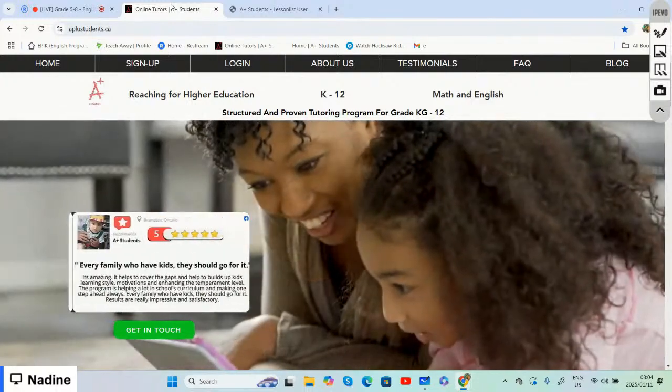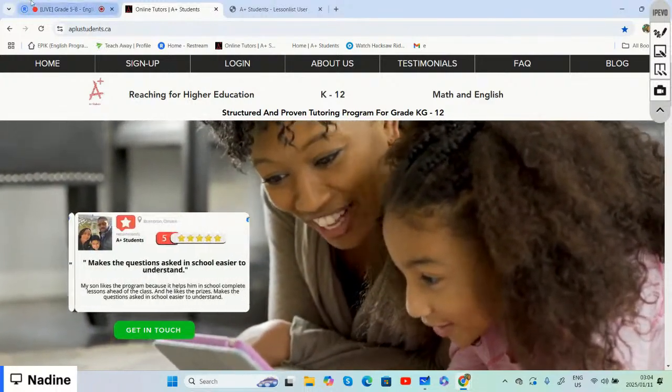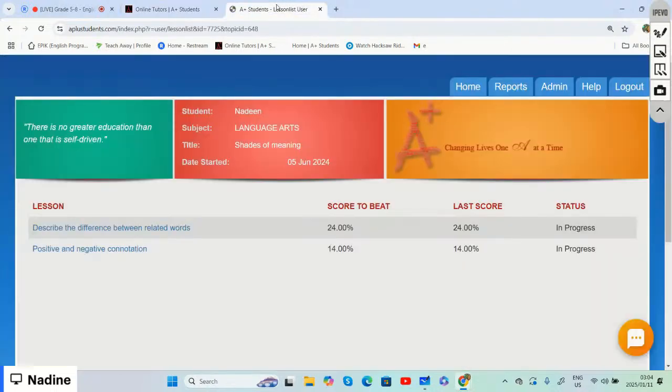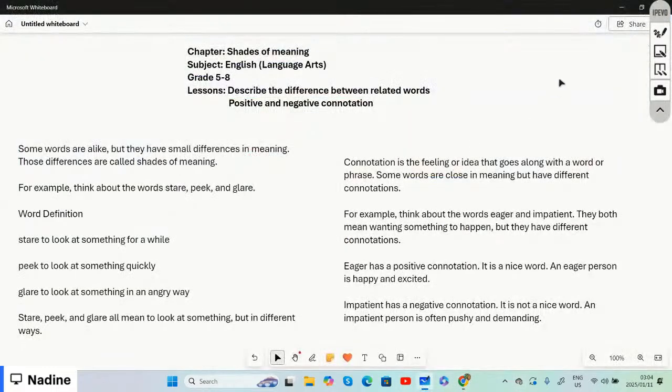We're doing grade 5 to 8, and then we're going to scroll down until we get to our chapter of shades of meaning. All right, so our chapter is shades of meaning. Our subject is English language arts.